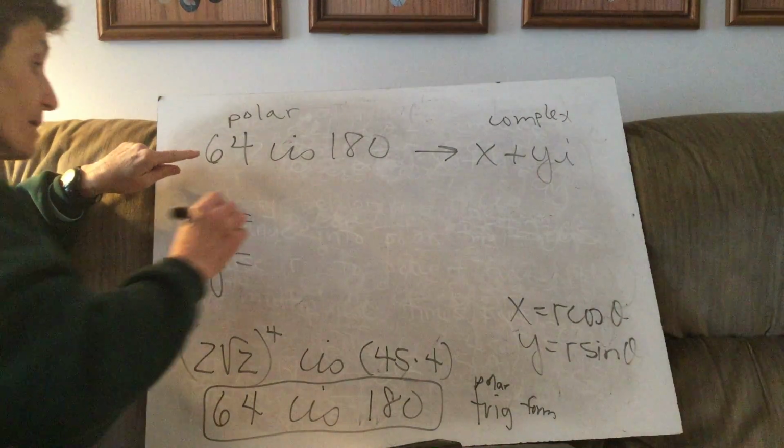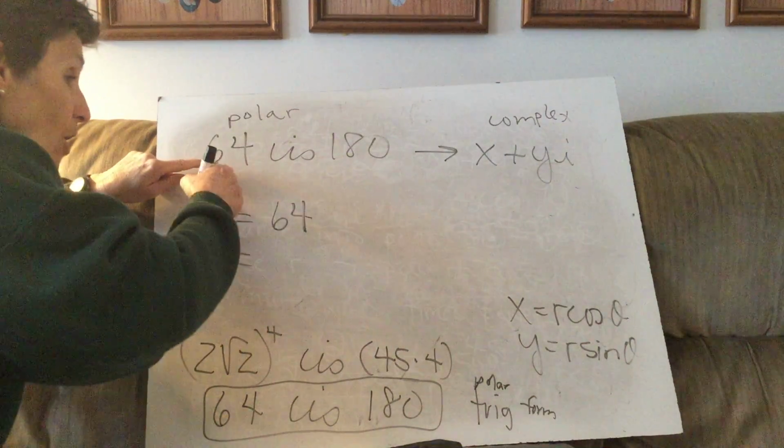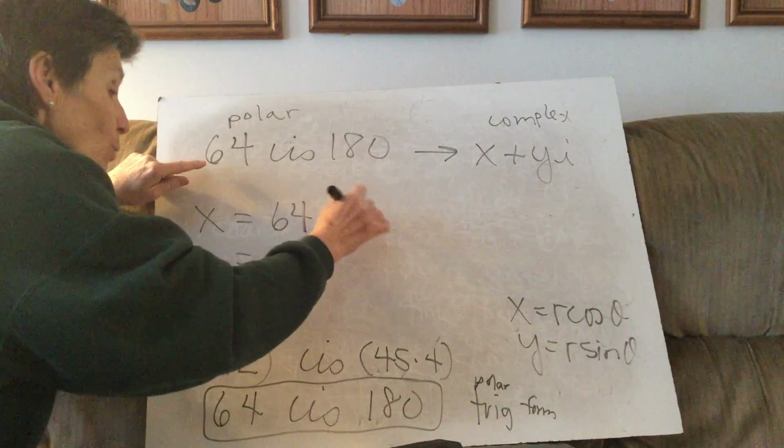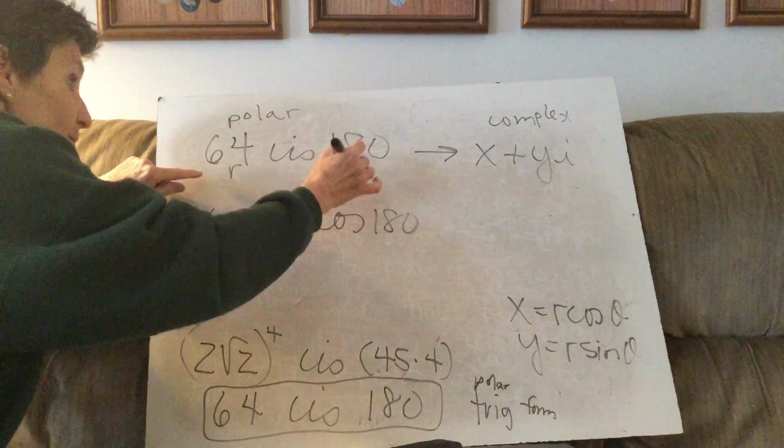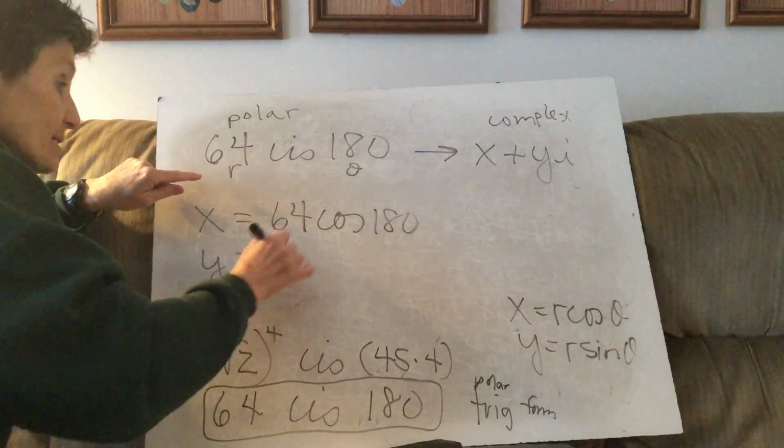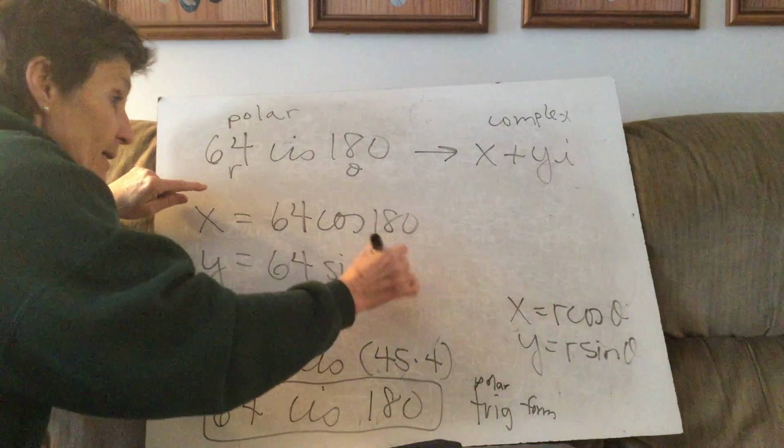We're going to take 64, that's r, cosine 180, remember this is r, this is theta, and 64 sine 180.